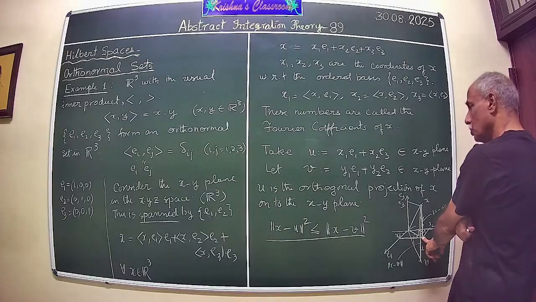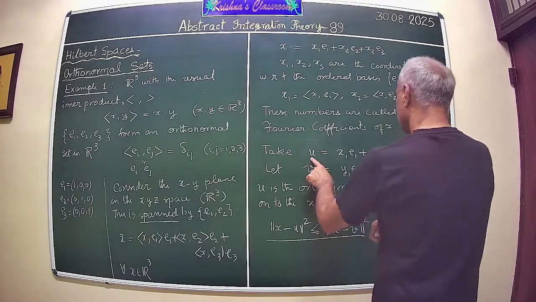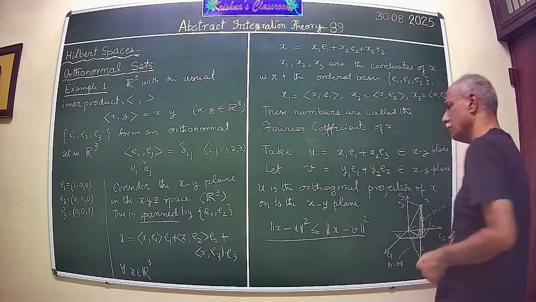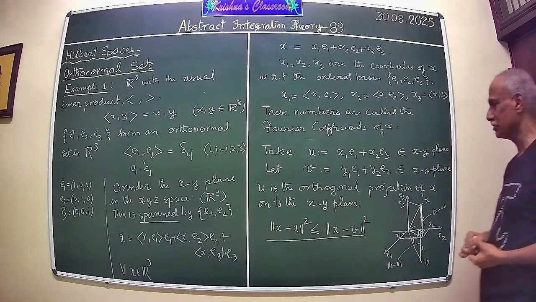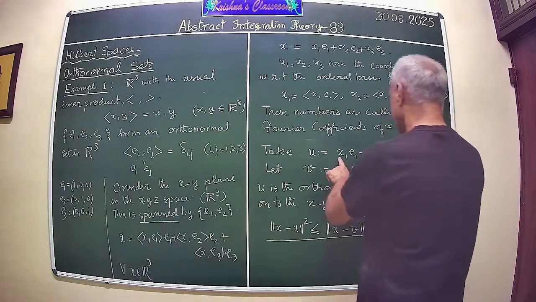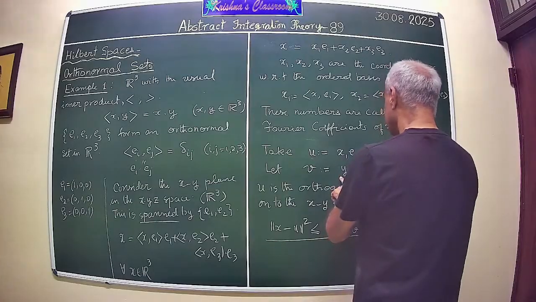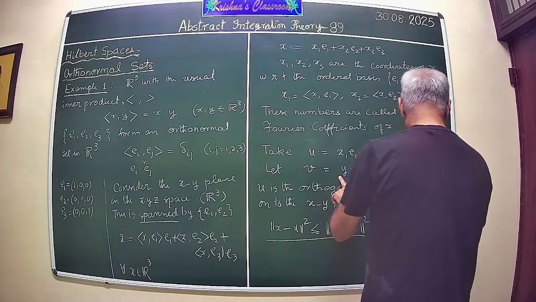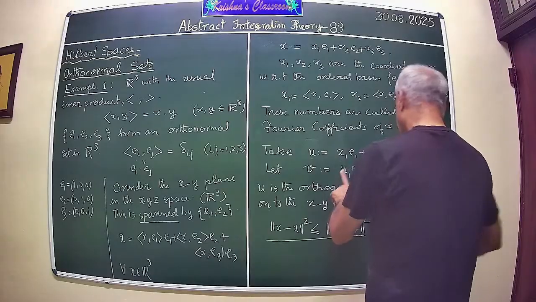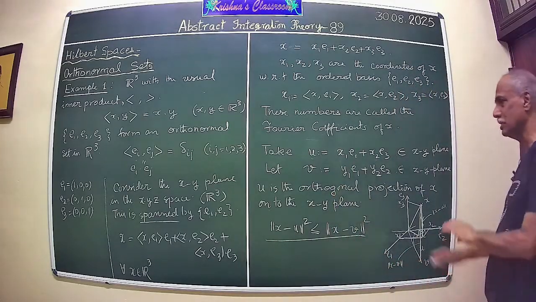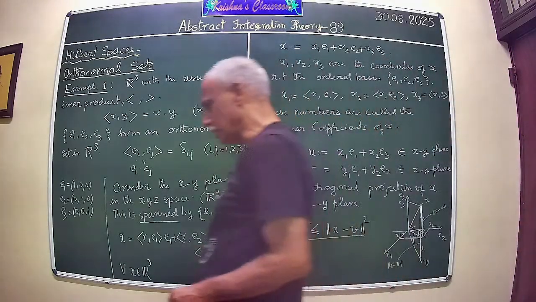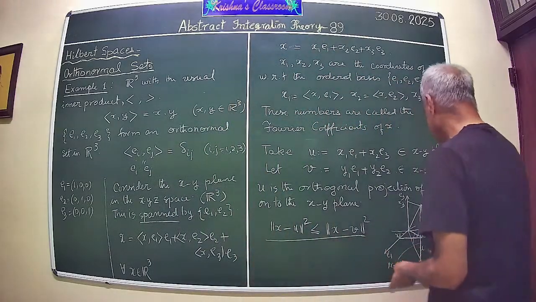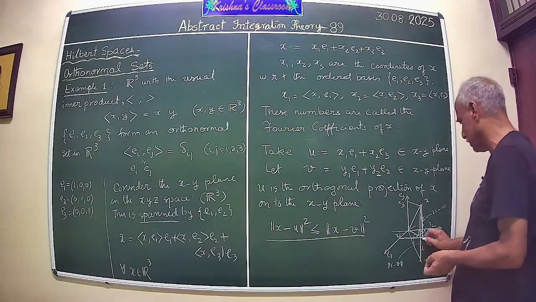What is u? U is created using the Fourier coefficients of x. That is a speciality, whereas v is an arbitrary vector that is picked up in R2. So this is one of the results that you can immediately prove, and it's not difficult to see at all, because after all you can use orthogonality.